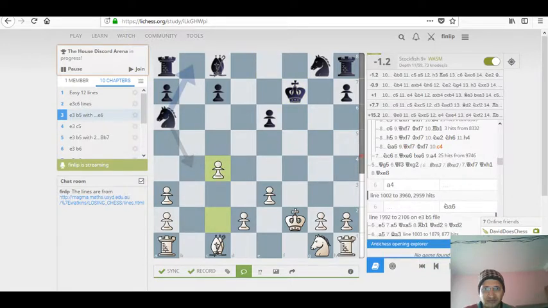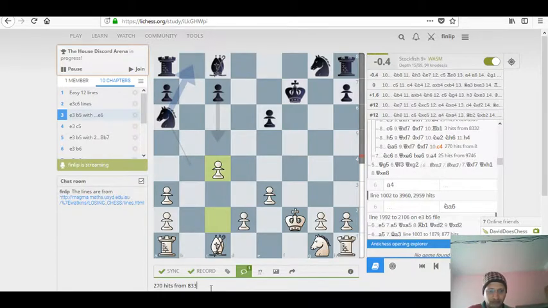Control F, find all in the current document. You'll see that there are 270 hits from 8336. So we can write it down here, 270 hits from 8336.